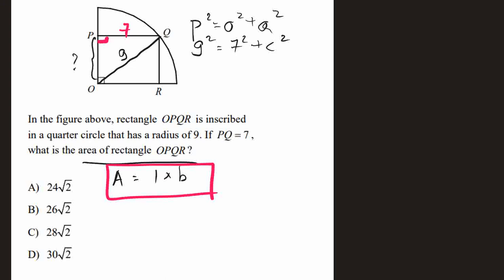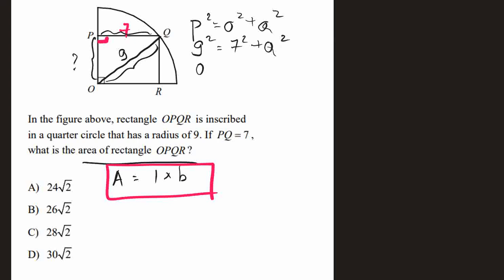So o is this side, and then p is this side. P is this side, o is this side, and this is the q side.